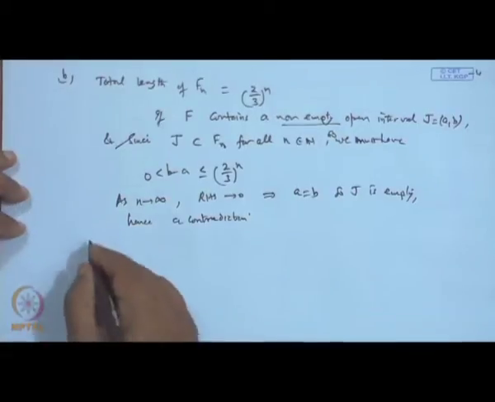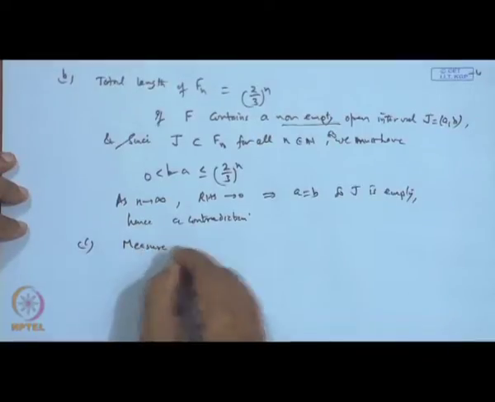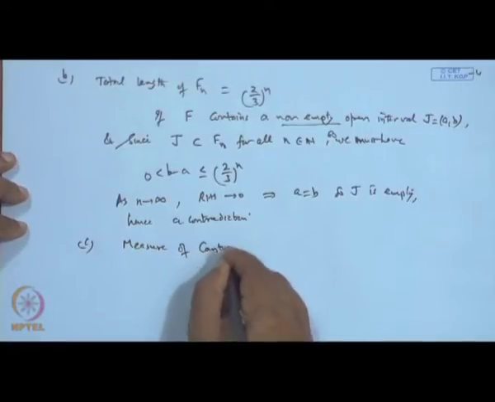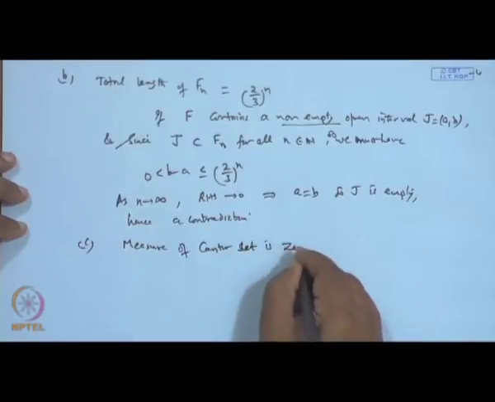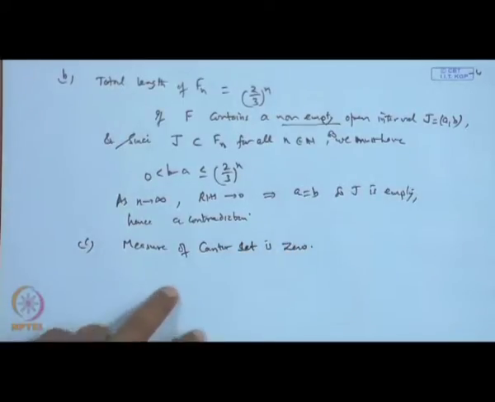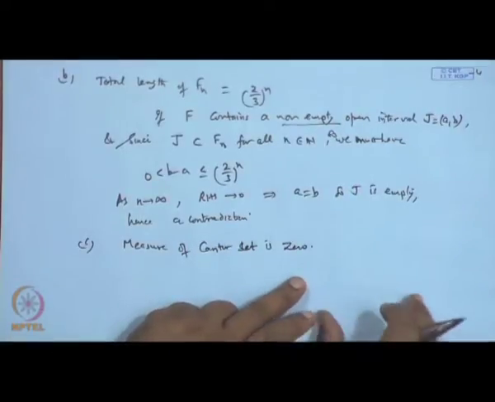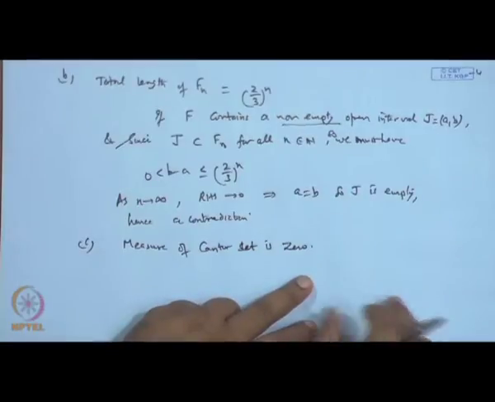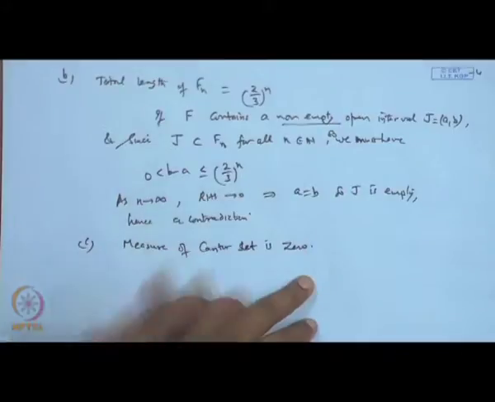Now, the third part is that the measure of this Cantor set is 0. In fact, I do not want to introduce measure in depth. What is the measure? Suppose I take the interval (a, b), open interval or closed interval, the length of the interval is b minus a. That is called the measure of the interval.